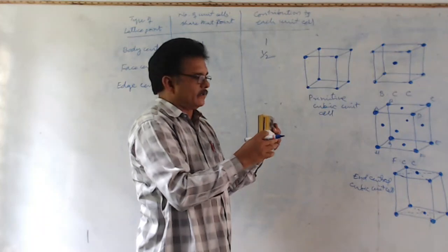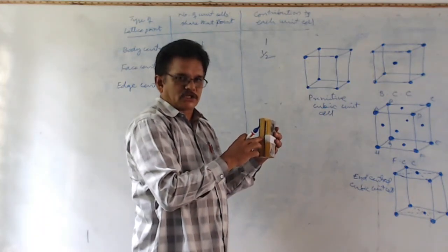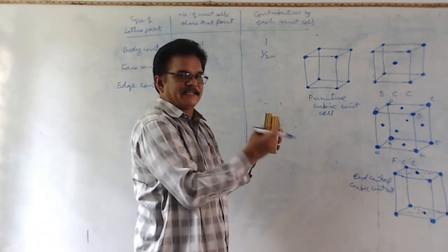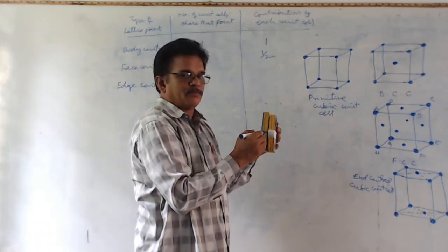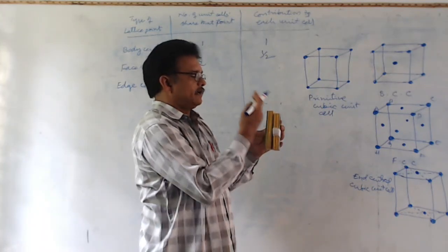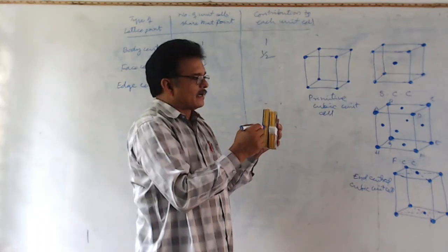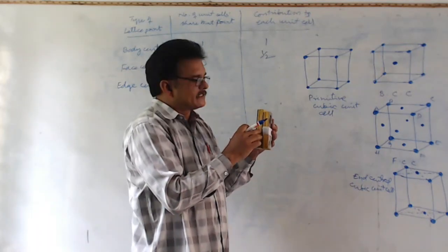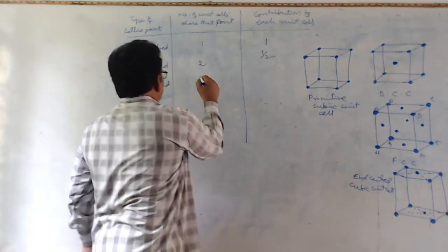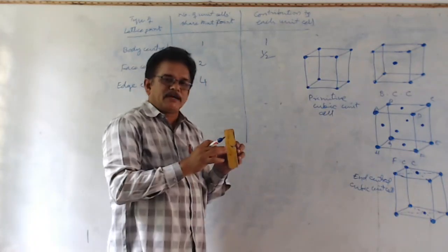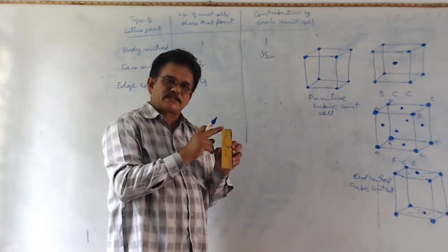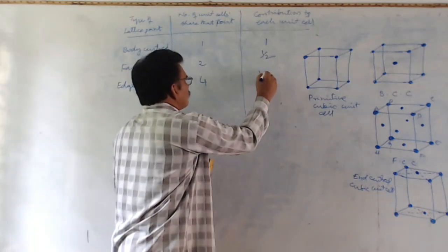And if it is covered with 2 other unit cells like this, then it is shared by 4 unit cells: 1, 2, 3, and 4. So, as it is shared by 4 unit cells, the contribution to one unit cell is 1 by 4.